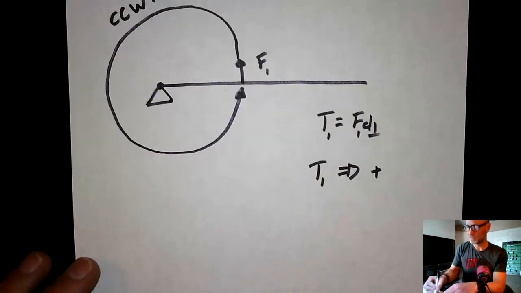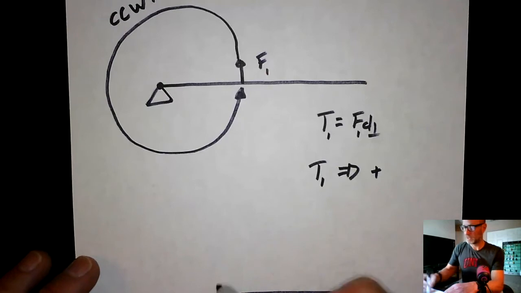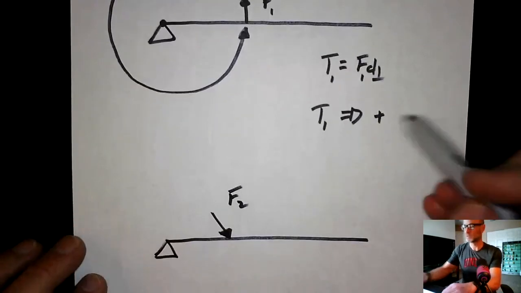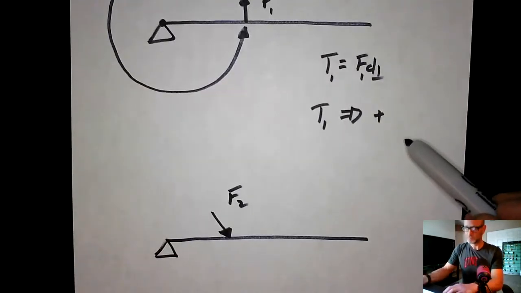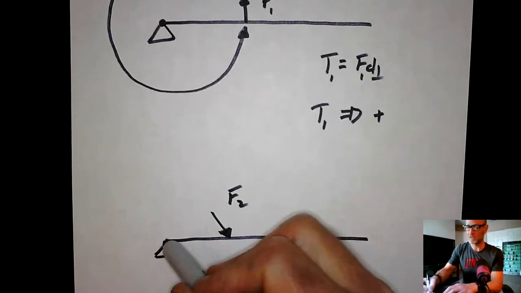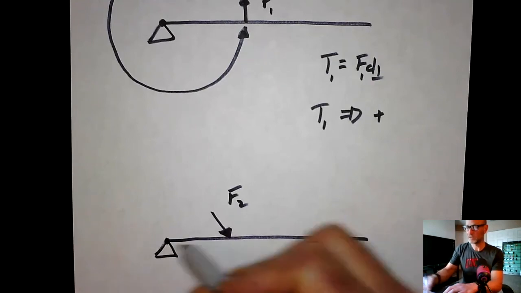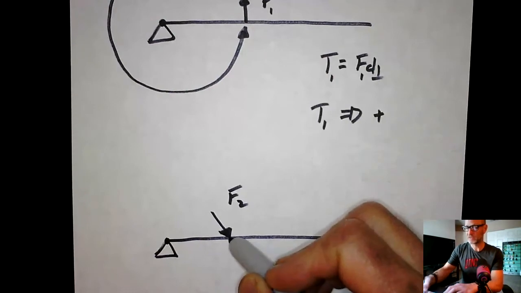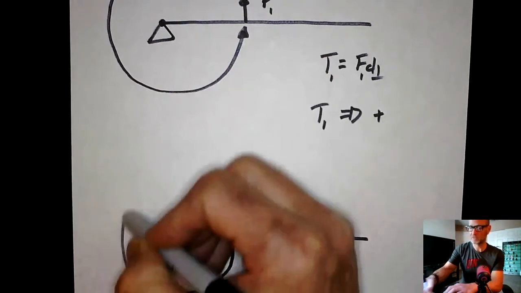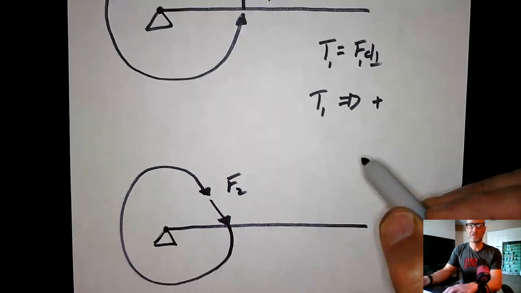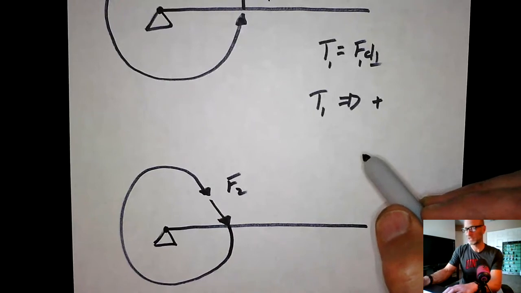All right, let's do another one. I'll draw the same lever here, and I'll do an arrow here, and I'll call it F2 just so that we don't get it confused with the first example. I need to start at the tip of the force vector. I need to go around the axis of rotation, and I cannot cross this lever arm, so I can't go this way. I have to start here, and go around the axis of rotation to the tail of the force vector. That's the direction of rotation this force is going to tend to cause.